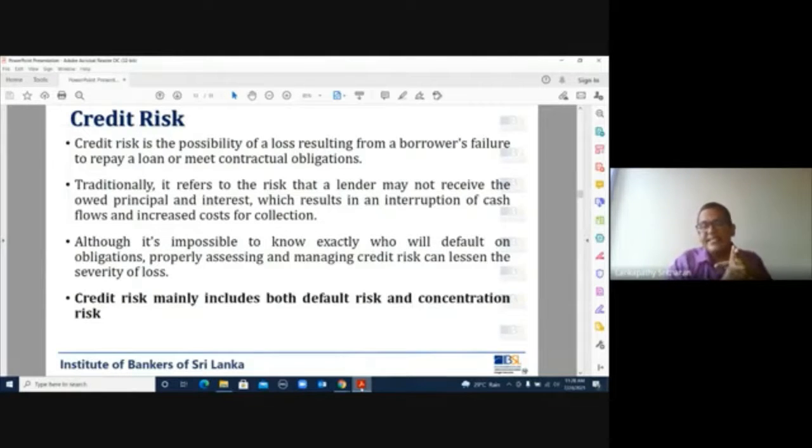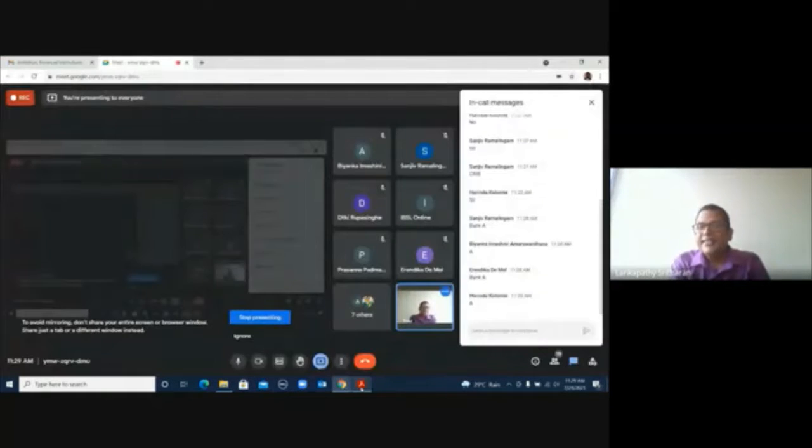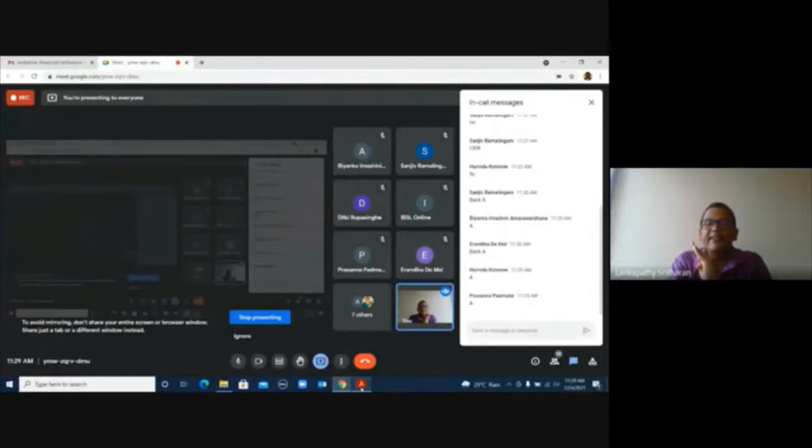Bank A is giving all the loans to only 10 customers, and bank B has spread its loan portfolio across 500 customers. Which bank will have more concentration risk? Yes, of course bank A, because bank A's loan portfolio is concentrated in 10 customers.